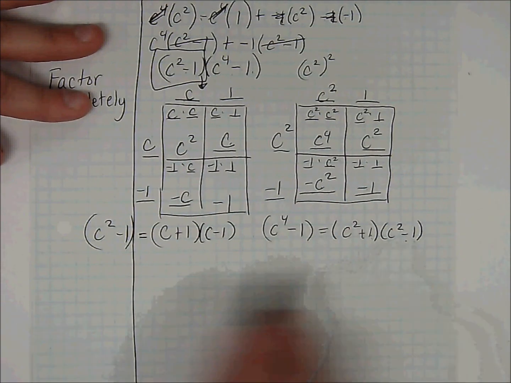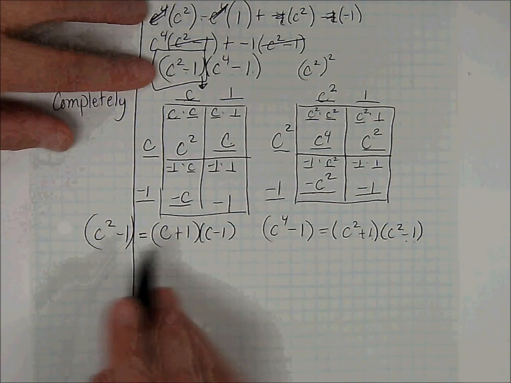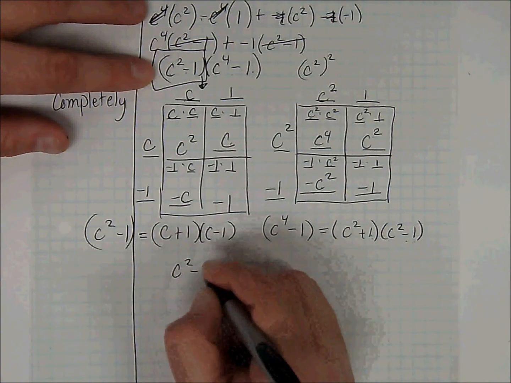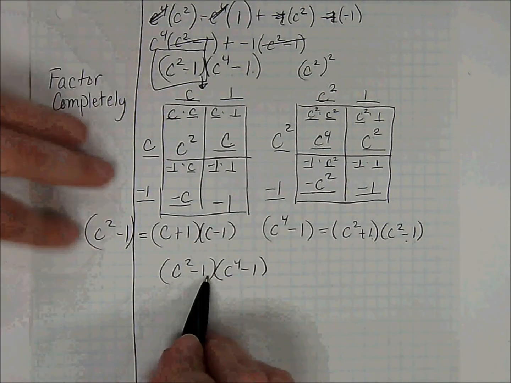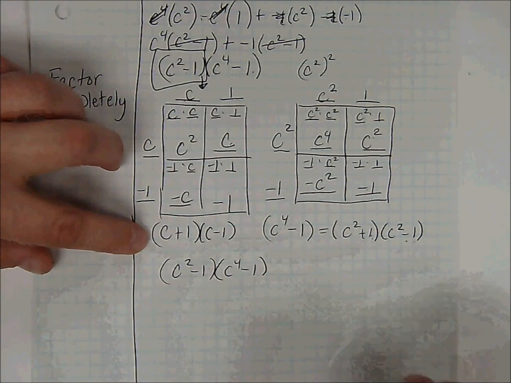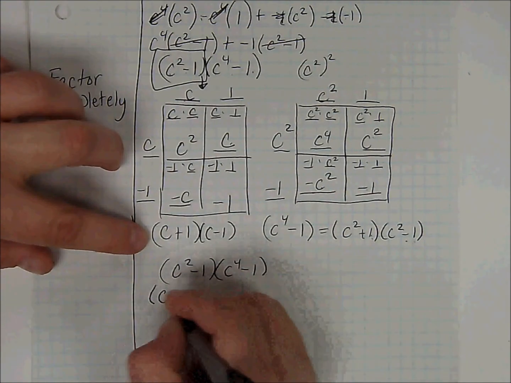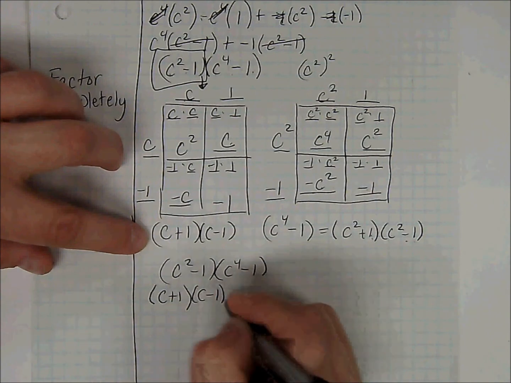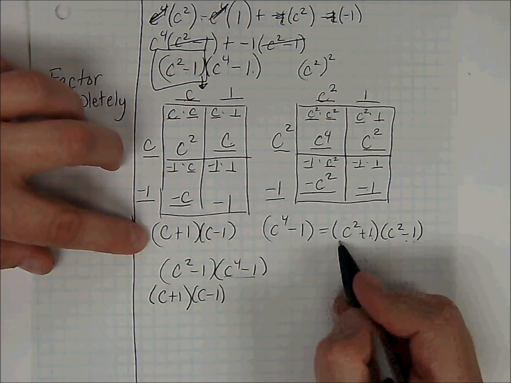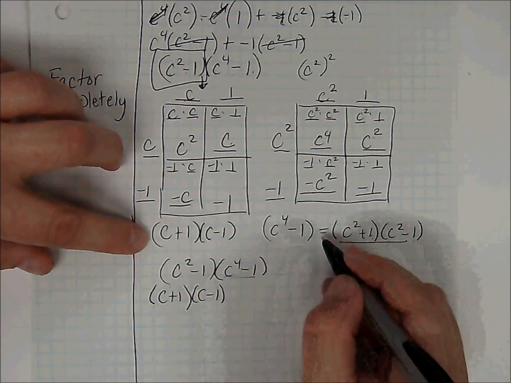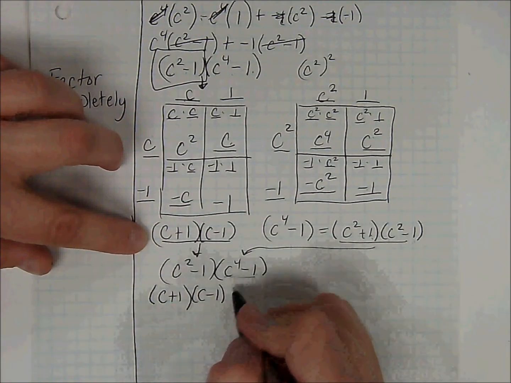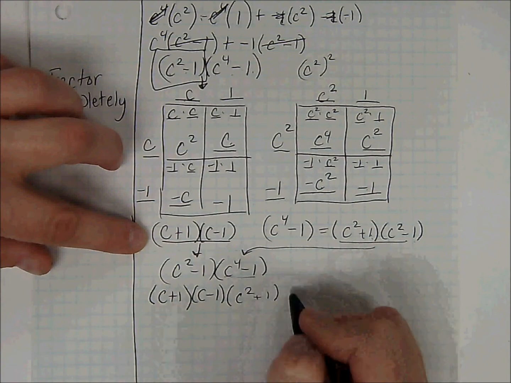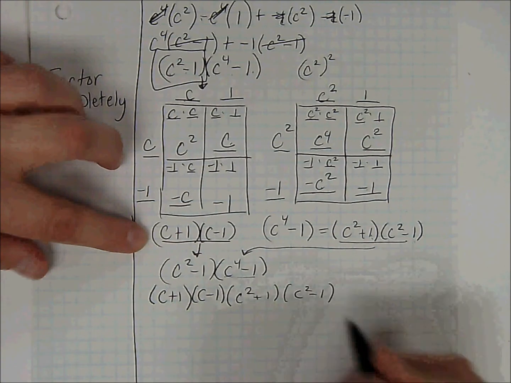If you can see that this is the same as this, watch what happens. So we started with c squared minus 1, c to the fourth minus 1. Well, we know c squared minus 1 is exact, kind of like substitution. We know it's the same thing as c plus 1, c minus 1. We know this is the same thing as this. So in place of this, we're going to plug in here, and in place of this, we plug in here. So c squared plus 1, c squared minus 1.